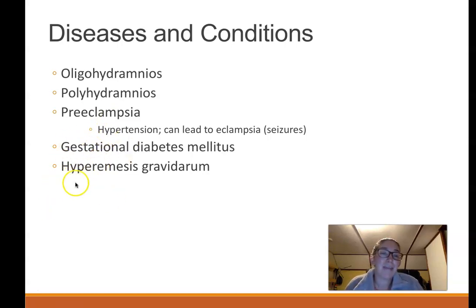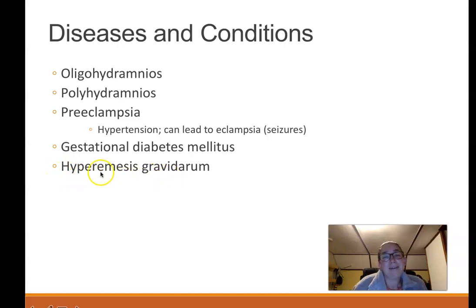So gestational diabetes is usually a temporary diabetes that develops during pregnancy. It does need to be managed because high blood glucose levels can be dangerous for both the mom and the baby, but at least the good news is it does go away.